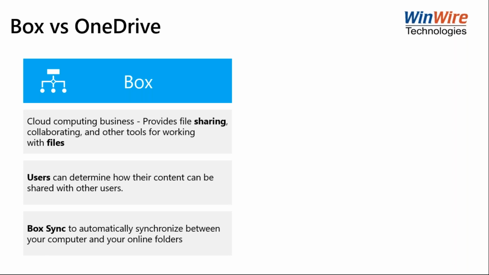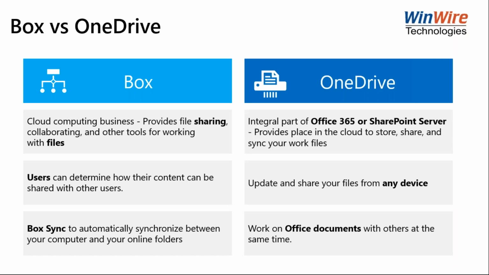It's also a cloud-based tool. But then we have the next level of collaboration environment, OneDrive, the latest type of file sharing system. The most important part of OneDrive is that it's an integral part of Office 365 and SharePoint Server. That gives you a lot of flexibility in how you share. You have the flexibility of moving to the next level into SharePoint when the time arrives, along with multi-device support.